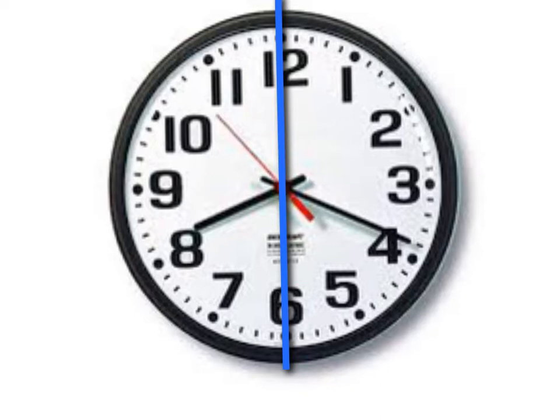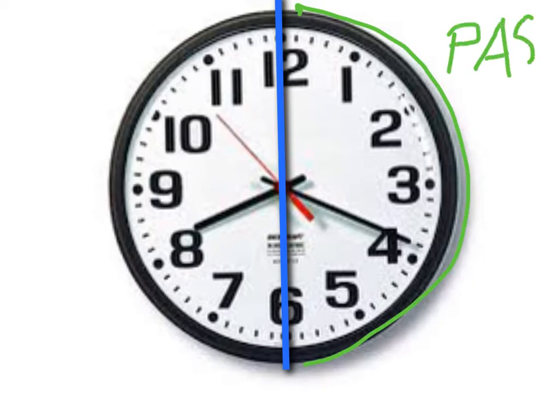And then when we've got them in half, we need to remember that this side over here on the right, which I'm using in green, is our past side. Because when we are working with our minute hand on this side of the clock, the minute hand which has started at 12 has gone past.